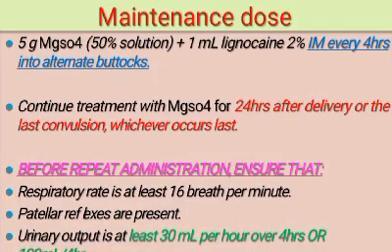Maintenance dose: 5 gram magnesium sulfate of 50% solution plus 1 ml lignocaine 2% IM every 4 hours into alternate buttocks. Continue treatment with magnesium sulfate for 24 hours after delivery or the last convulsion, whichever occurs last.